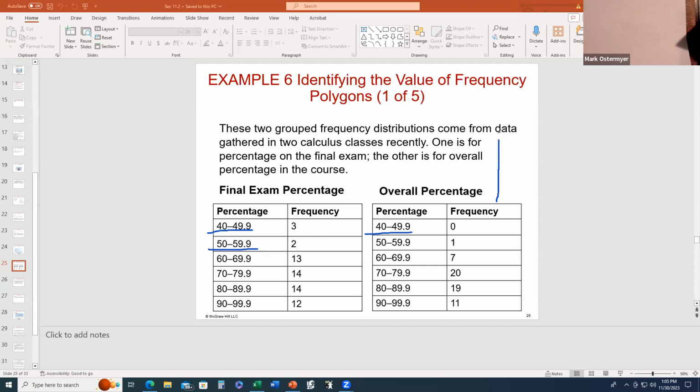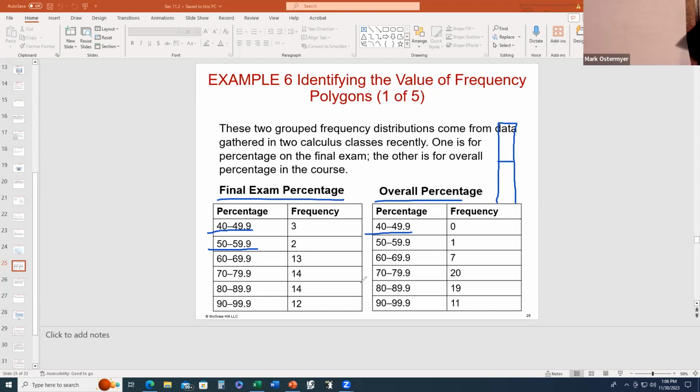And you might have a bar that goes this high for maybe the overall class performance, and a bar that only goes this high for the final exam. You'd have to come up with some sort of coloring scheme to differentiate which one pertains to the final exam percent versus the overall course percentage. It might be possible, but it seems like it might be a little bit messy to determine which is which.